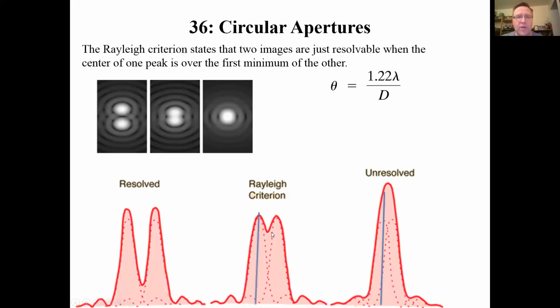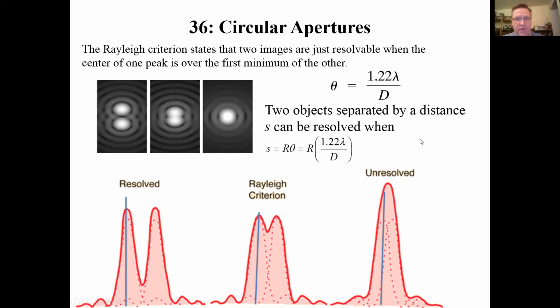But we do hit the Rayleigh criterion when the peak of one of those hits the minima of the other one or is just past the minima. So that is just the instant when the two images are resolvable. And if you get a little beyond that, then it's much clearer. And they're very well resolved when the peaks are far away from the first minima. So that's the idea of the Rayleigh criterion.